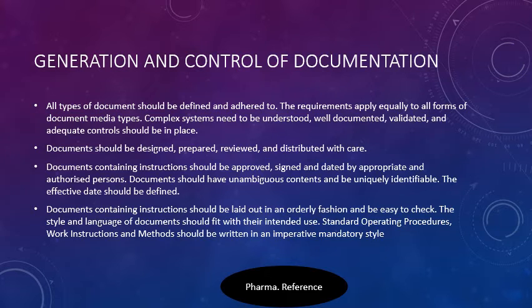The effective date should be defined. Documents containing instructions should be laid out in an orderly fashion and be easy to check. The style and language of documents should fit with their intended use. The standard operating procedures, work instructions, and methods should be written in an imperative, mandatory style.